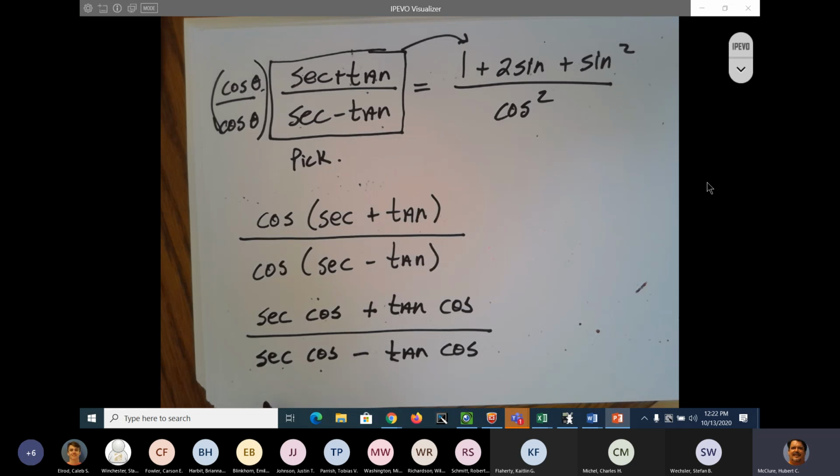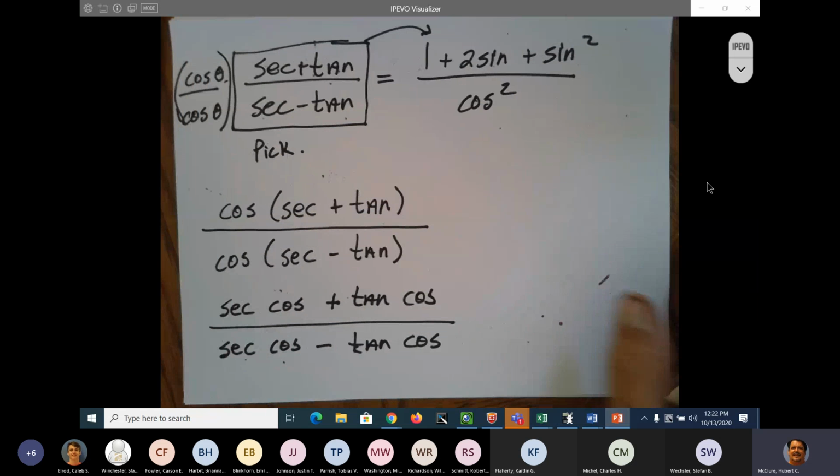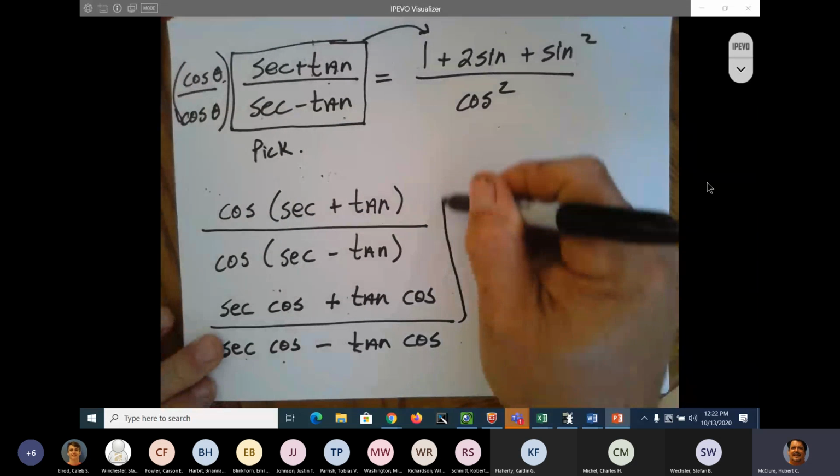Now, if you rewrote the first part of this, that would be 1 over the cosine times cosine. That would be 1, but I'm going to write it as a baby step right here for you.